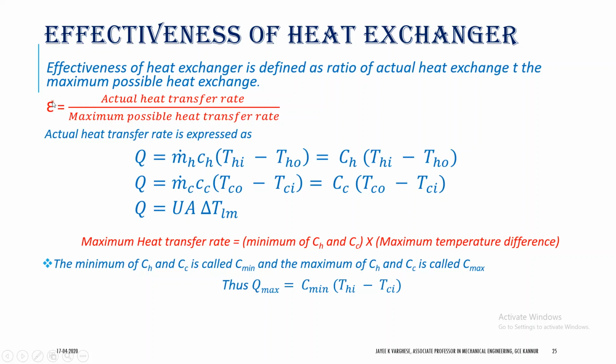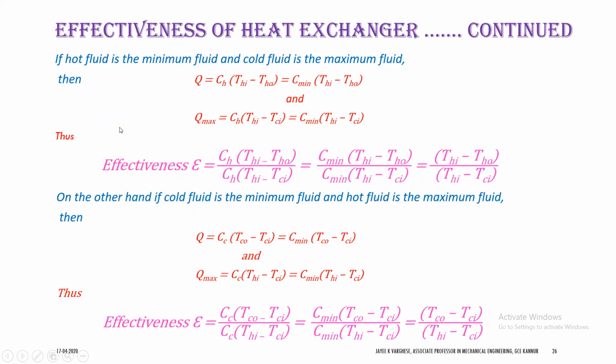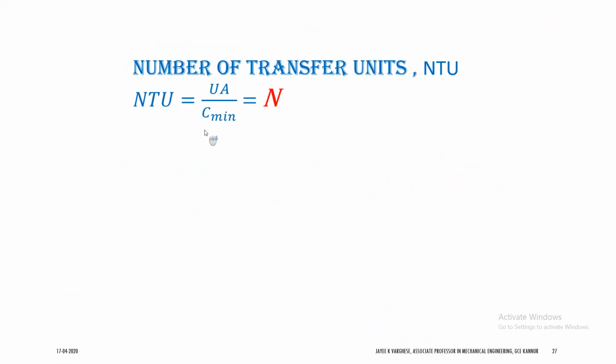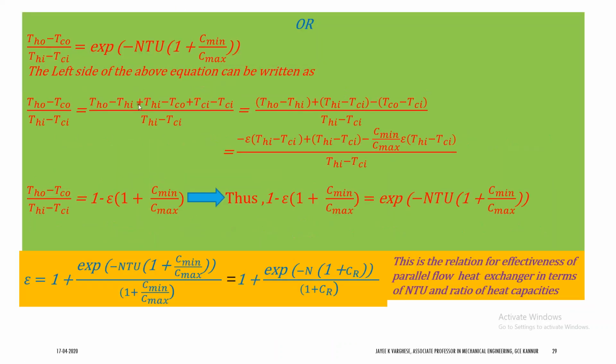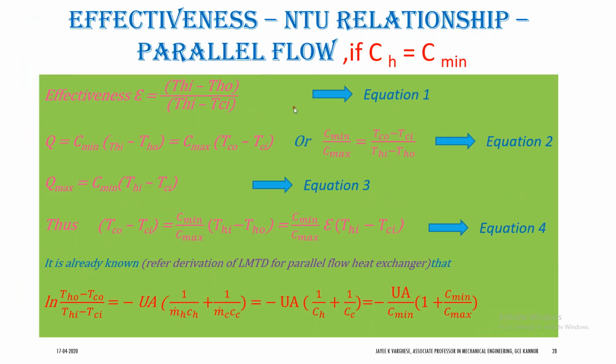If we have a relation for effectiveness which does not require all the four temperatures, then we can calculate the heat transfer rate and any other missing parameter, like the area of the heat exchanger or length of the tubes of the heat exchanger, and things like that. This is the idea behind derivation of a relation for effectiveness of a heat exchanger.